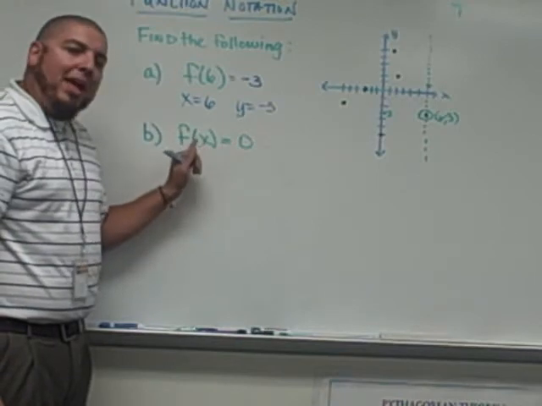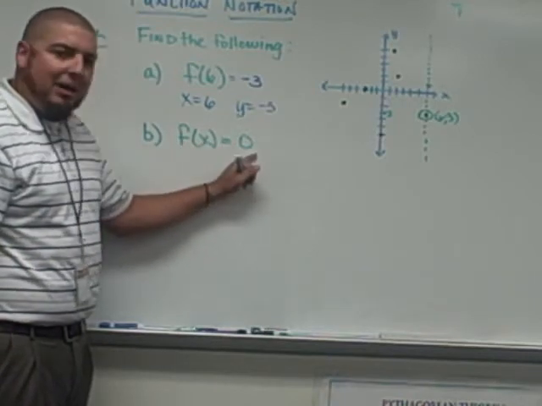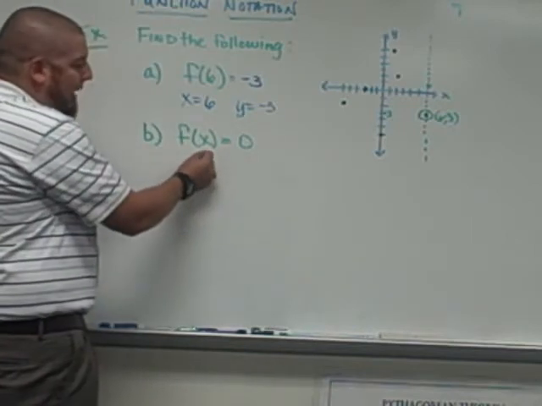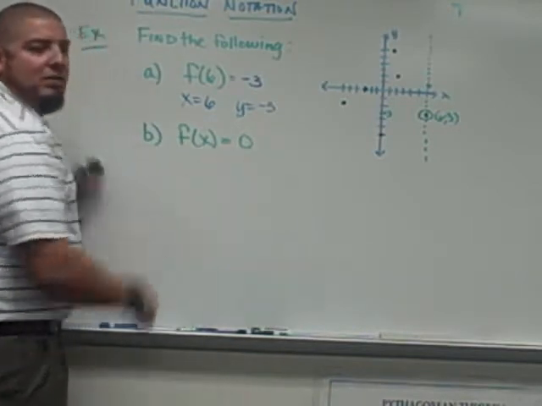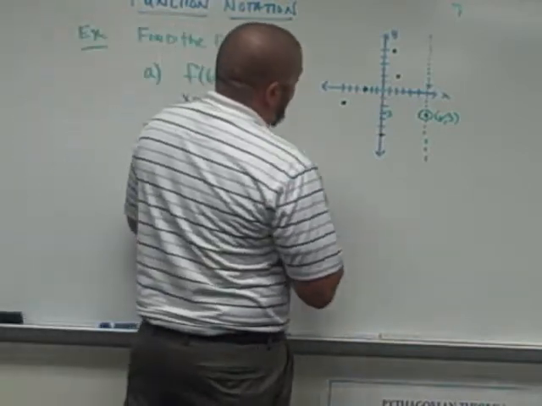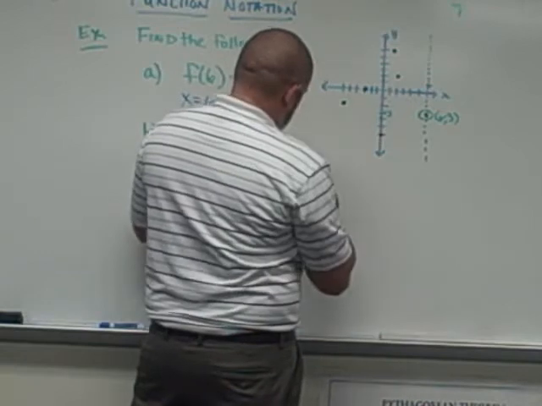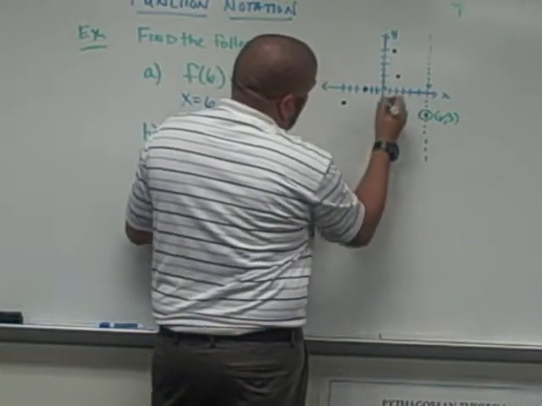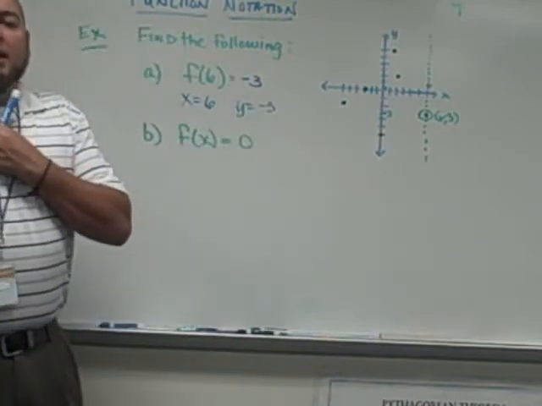I'm looking for the x value when my y value is 0. It's telling me x is unknown, because that's why it's still a variable, but my y value is 0. So let me go to y equals 0. Where's y equals 0? Here's where my y is 0, at the origin. I'm not going up.